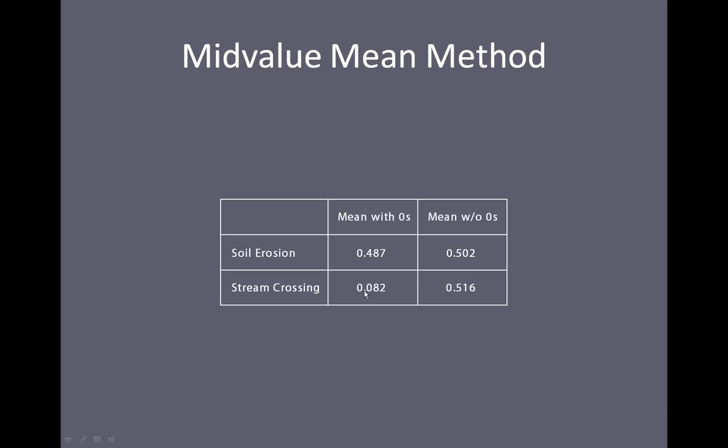Our mean after the maximum score was 0.08, and after the mid-value mean it is 0.082, up from 0.07. Not a significant change. But when we eliminate those 2,100 zeros and look at those 400 values that do intersect the stream, we find ourselves with a 0.516 mean, which made us pretty happy.